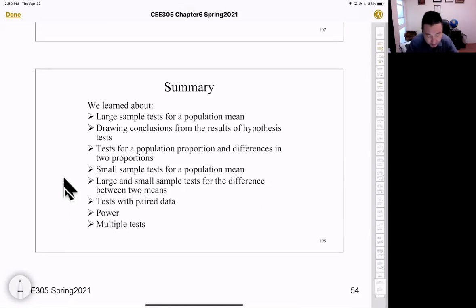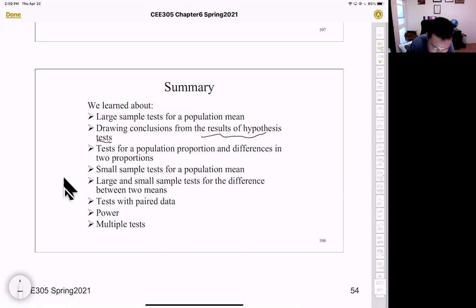So what we did for chapter 6: we learned how to draw conclusions from the results of a hypothesis test. First of all, how to set up H0 and H1, and how to draw conclusions based on different situations.